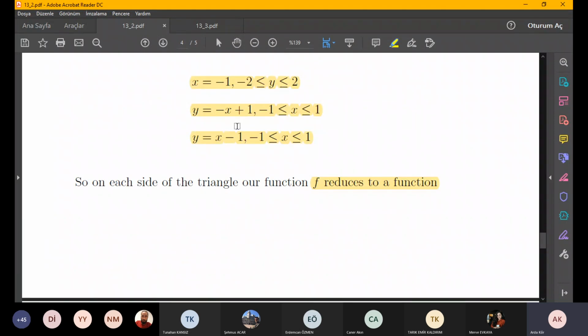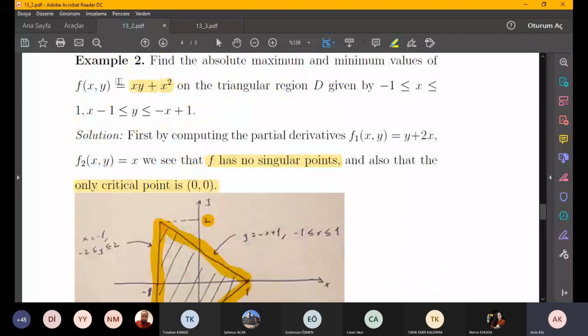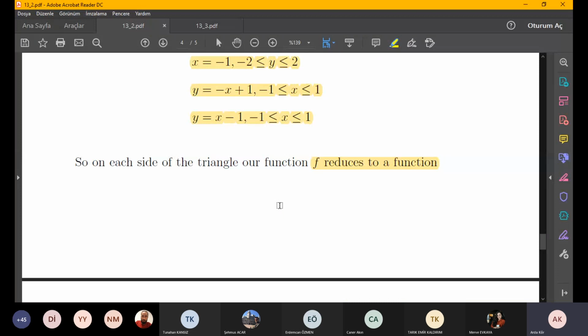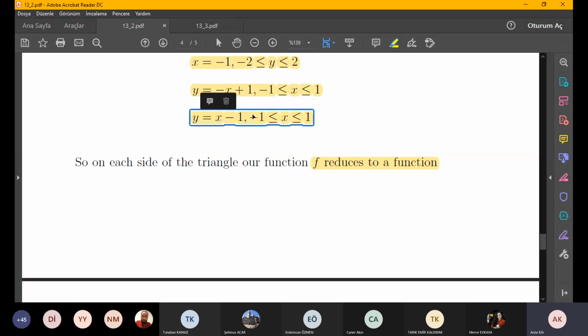And for the last one, y equals x minus 1, you just write x minus 1 instead of y, and then you will see that it is defined as 2x squared minus x. So this is how f is defined on the last line segment here. Again, the x values are in between -1 and 1.